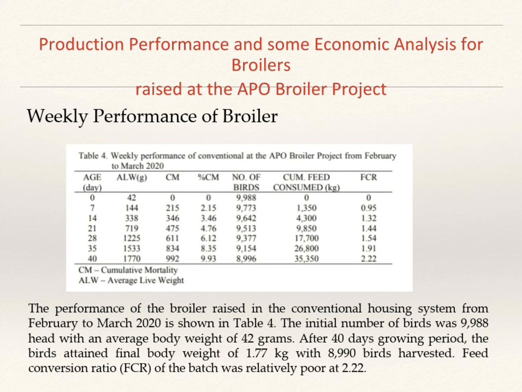The initial number of birds was 9,988 heads with an average body weight of 42 grams. After a 40-day growing period, the birds attained a final body weight of 1.77 kg with 8,990 birds harvested. The feed conversion ratio, or FCR, of the batch was relatively poor at 2.22.